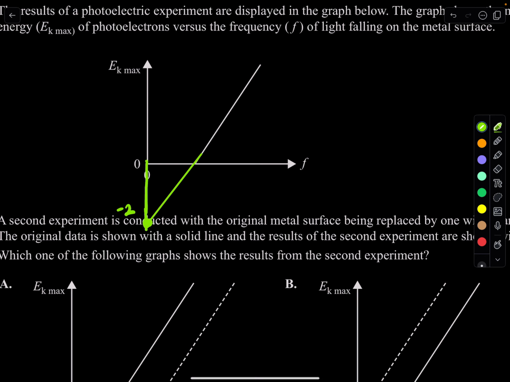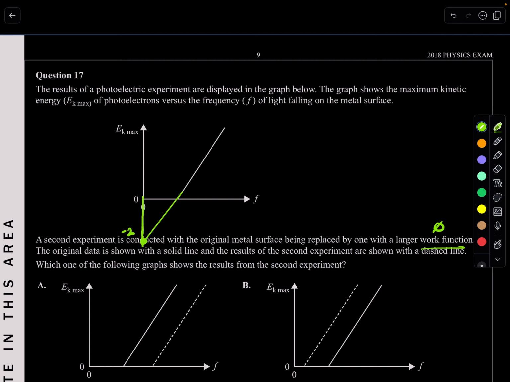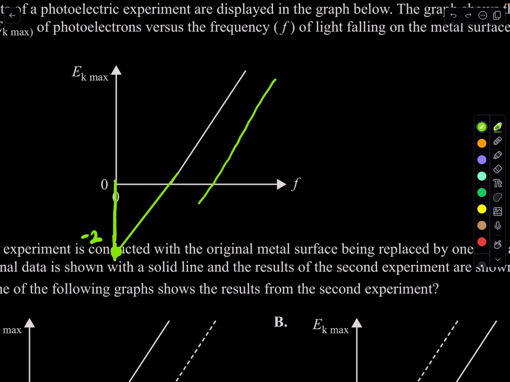Work function, make sure it's positive. But because in the question the line is below the x-axis, it's negative. So yeah, it will be -2. And so if you increase the work function, it will actually be like this. Now, can you see how now the work function, for example, is -3?